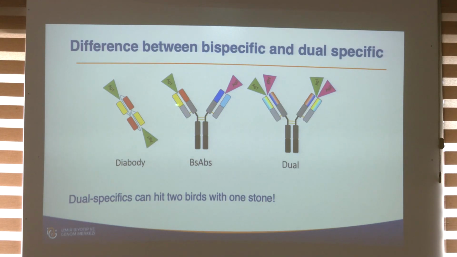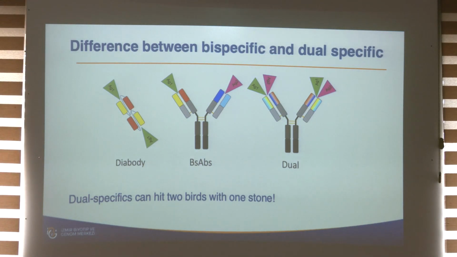If this is only domain number 1 and domain number 1 here, it will not go into their production line at all. That's why the production yield is very low compared to monospecifics.